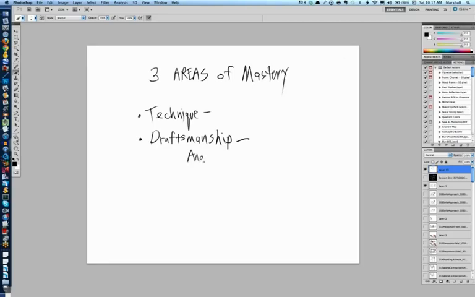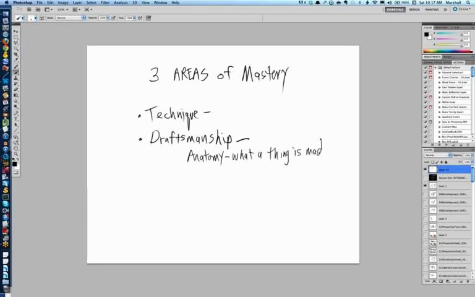One is you can't really draw or paint something and have command over it enough to move it around into other positions if you need to, or change the lighting on it, unless you know what it's made out of. Which parts are bone, which parts are muscle, which parts squash and stretch, and which parts don't. And it's not just anatomy of animals and humans, but anatomy of anything, anatomy of trees, anatomy of clouds. Anatomy is what a thing is made of.